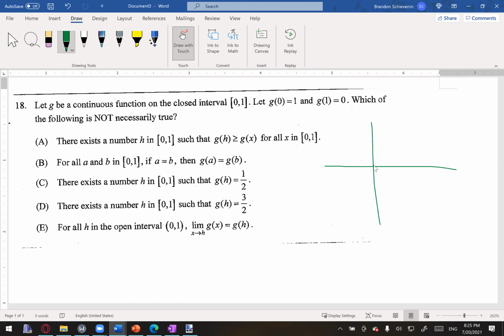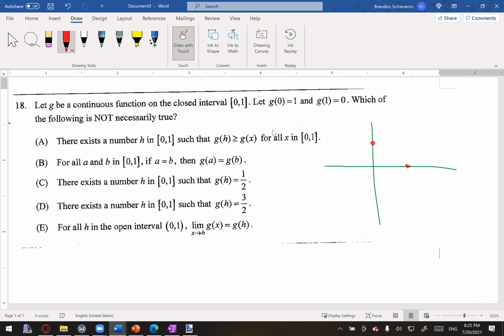When x is 0, g is 1, so I'm going to say that's right here. And g at 1 is 0. So something like this.